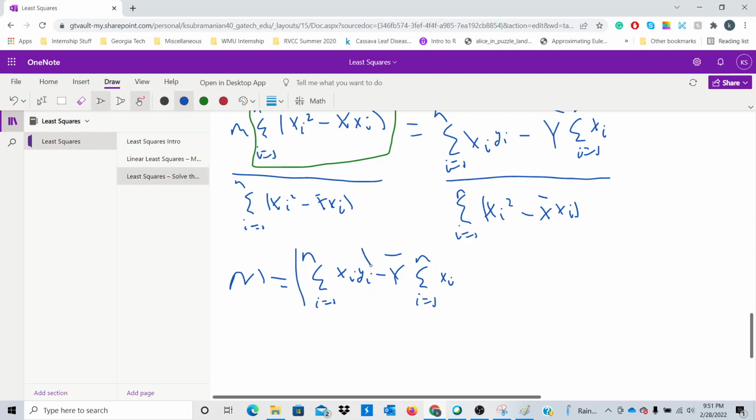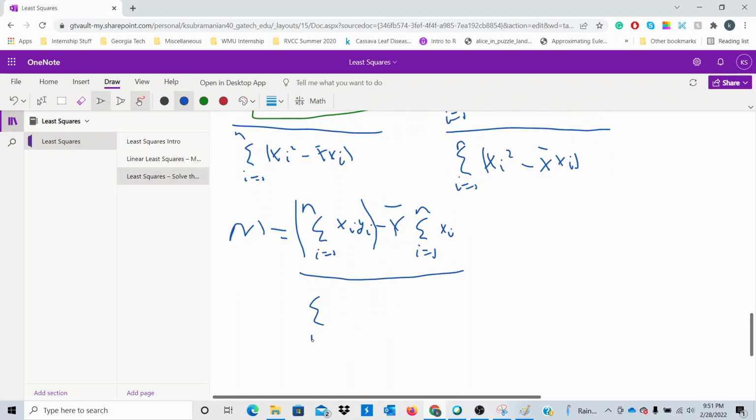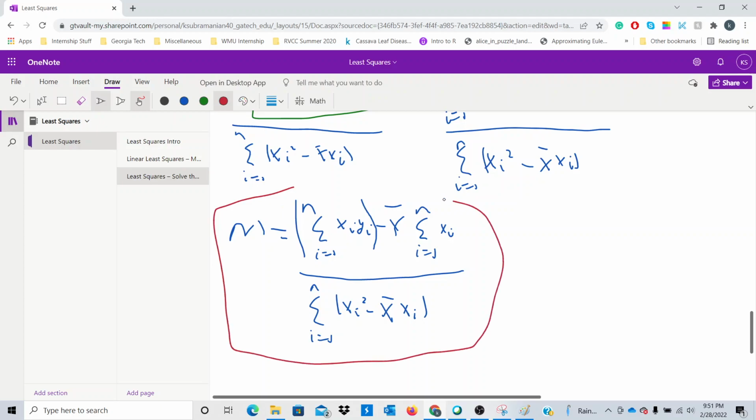I'll put these terms in parentheses to be clear. And then we divide by the summation from i equals 1 to n of x_i squared minus x-bar x_i. And this is our formula for finding the optimal value of the slope.